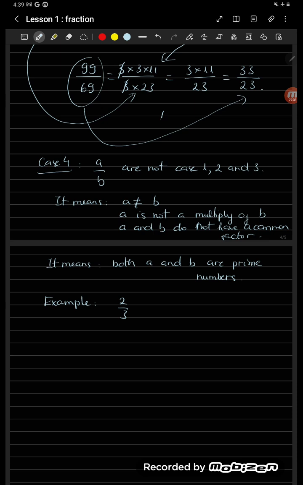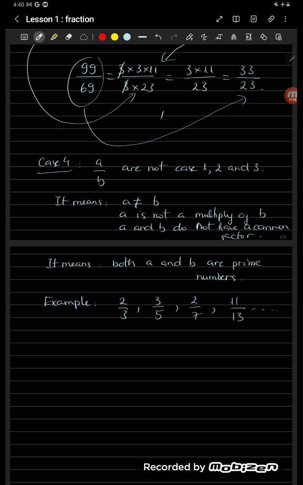In this case, you cannot simplify the fraction any further. Okay? Any smaller. No, you cannot. Just keep it like that. So another example is 3 over 5, 2 over 7, 11 over 13, so on and so forth.